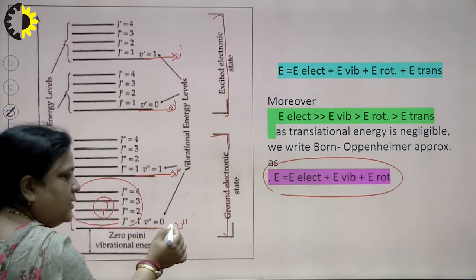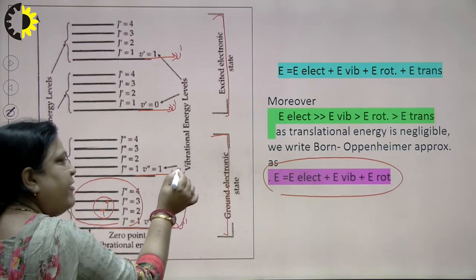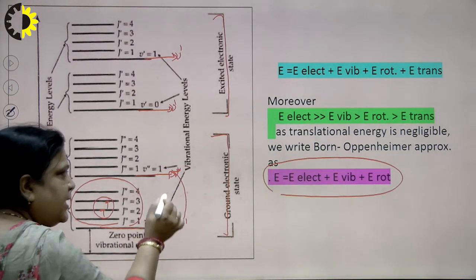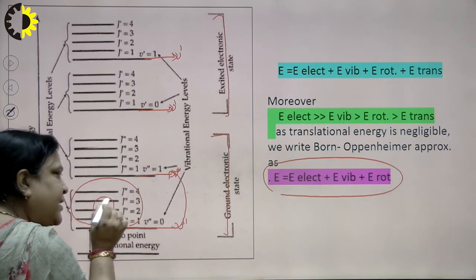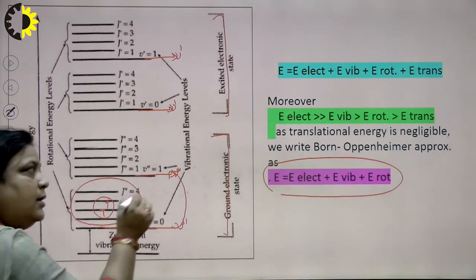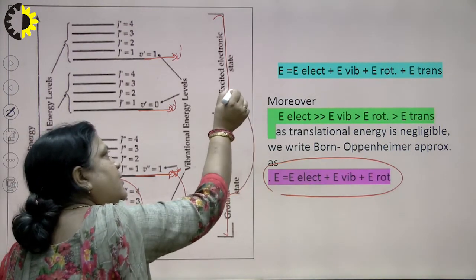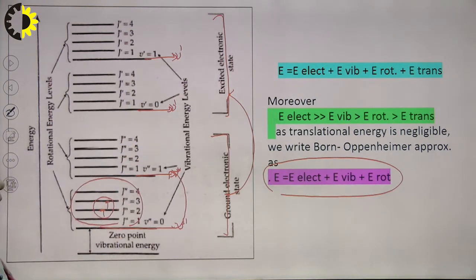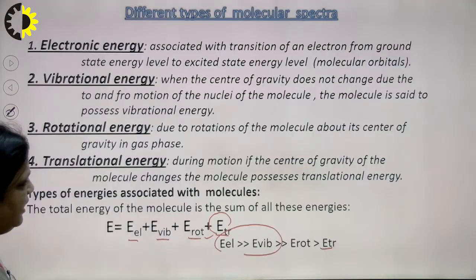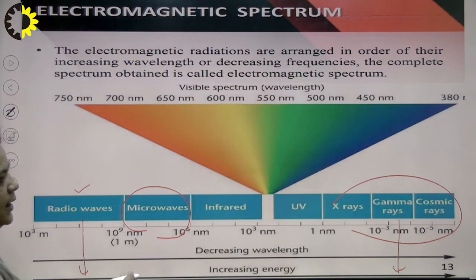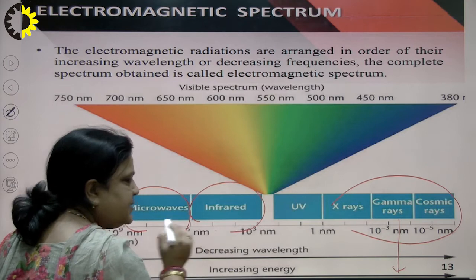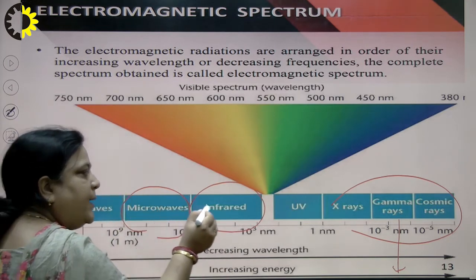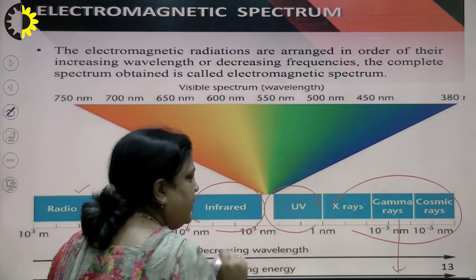Now, if we consider the transition in vibrational energy level, comparatively high energy is required than for rotation, but less energy is required than for electronic transition. It means if we compare the chart, infrared has higher frequency than microwave, but lesser frequency than UV visible.